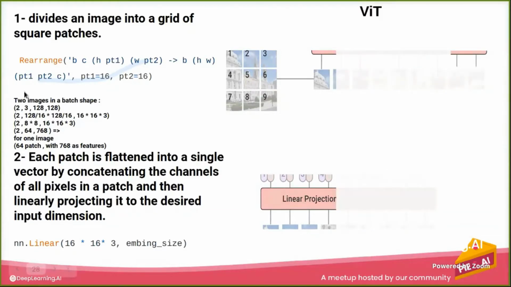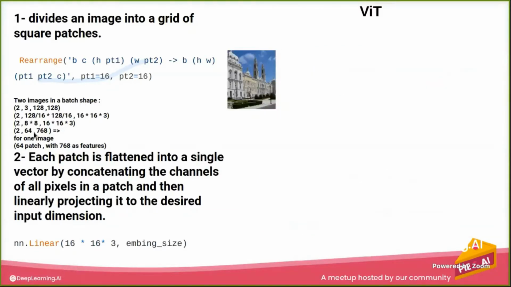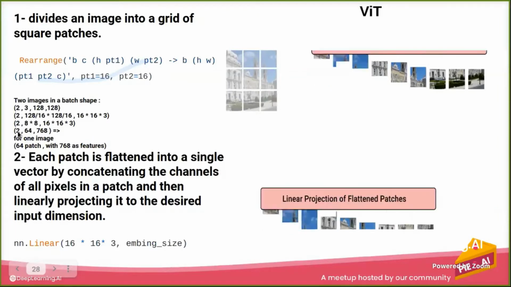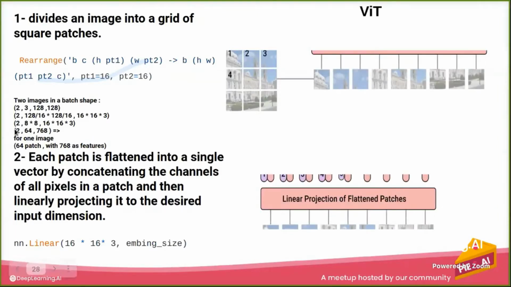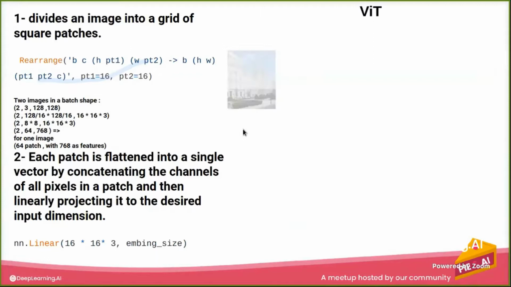Now this is going to give us this shape: 2, the batch with the 2 images, 64 here, and 768. Now this is just doing the batching and making this ready to work.